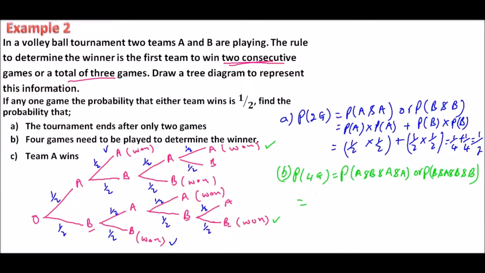So we can separate this and say this is a half multiplied by a half multiplied by a half multiplied by a half.